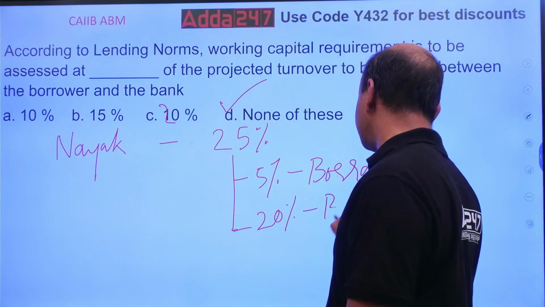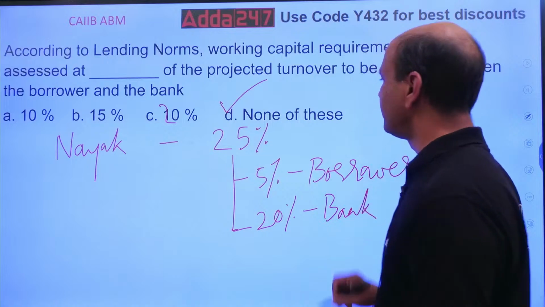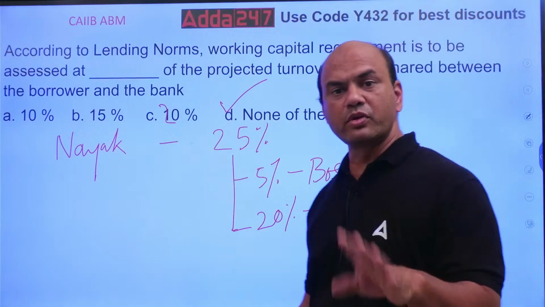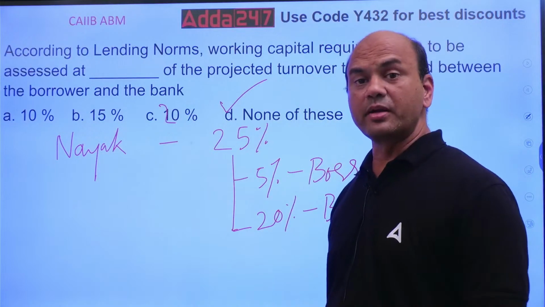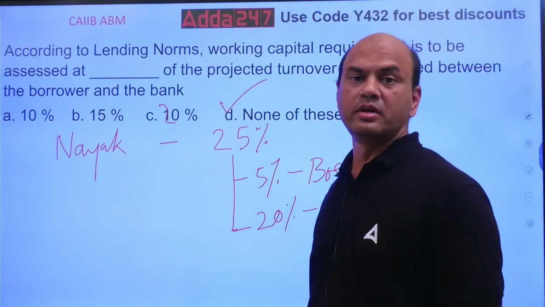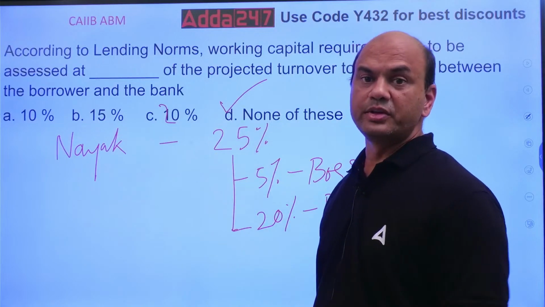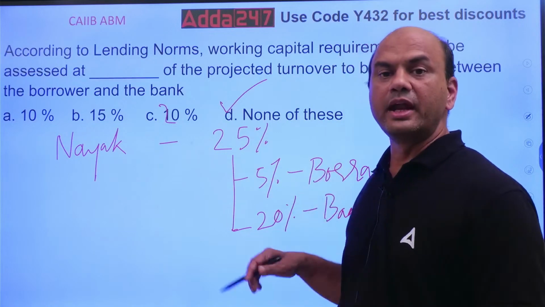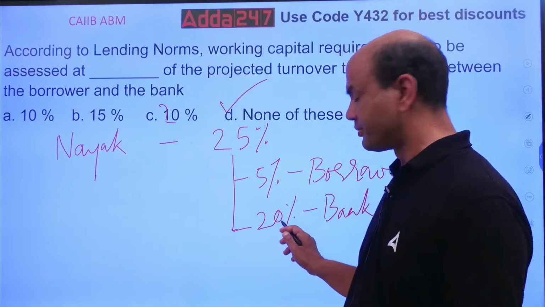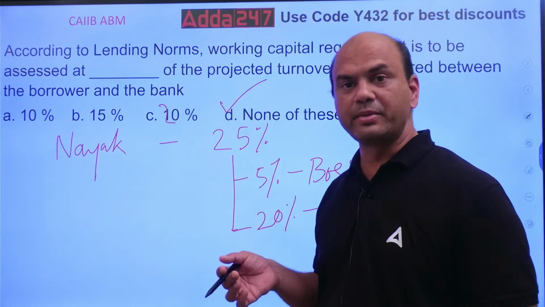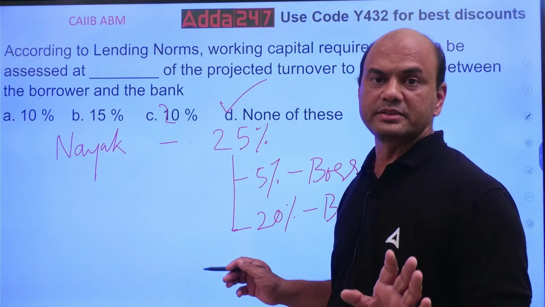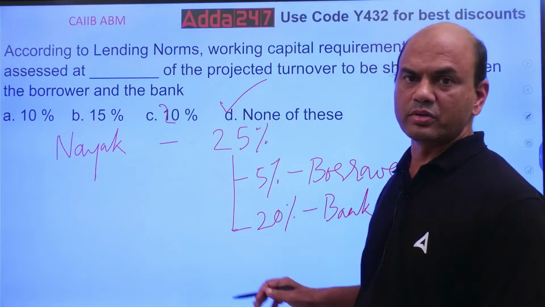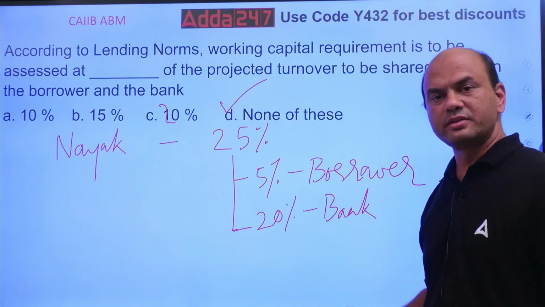Okay? Of the turnover. If my turnover is 4 crores, then the working capital requirement is 1 crore. Out of this, 5%, means 4 crores of 5%, 20 lakhs I'll have to bring in, and the remaining 80 lakhs is to be brought in by the bank. Means the bank should finance me 80 lakhs. I must bring 20 lakhs. So my working capital requirement will be this much, 1 crore. So it is 25%. Got it?